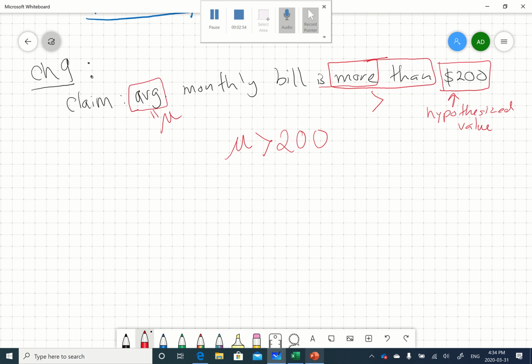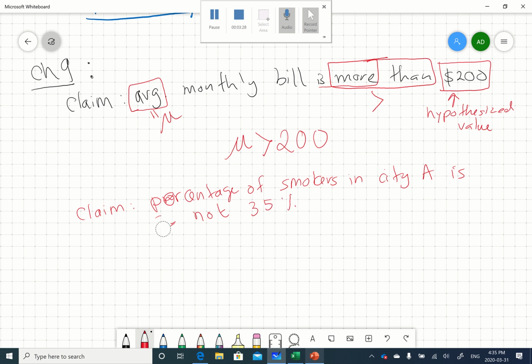To give you an example on proportion, a claim could be that the proportion, or percentage, of smokers in city A is not 35%.